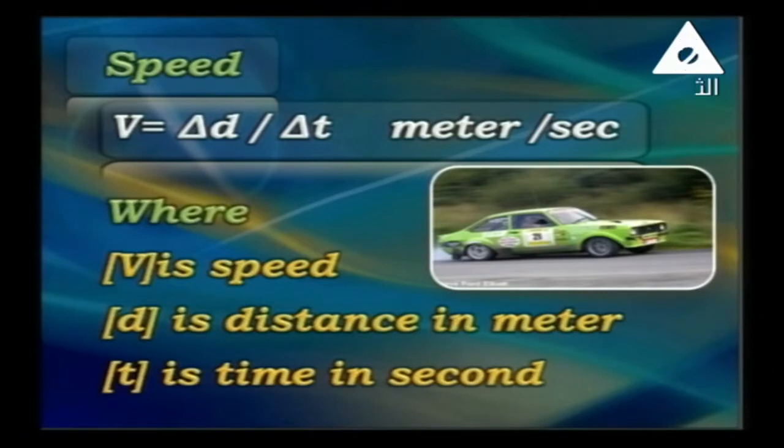So speed: V equals delta D divided by delta T, where V is speed, D is distance measured in meters, and time is in seconds. These are the concepts found in speed.